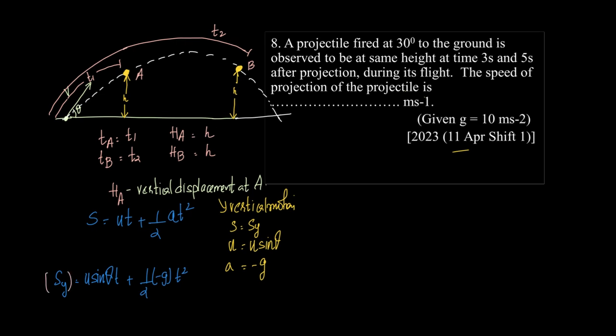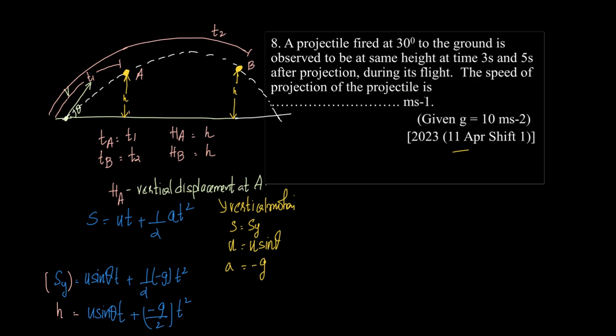Now, what is the actual value of Sy here? Sy is the vertical displacement, and that value is given to be h, which means I can write h is equal to u sine theta into t plus minus g by 2 into t square.